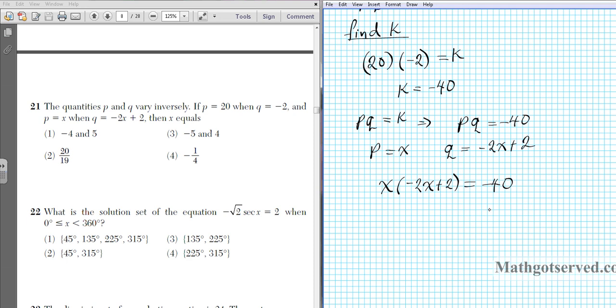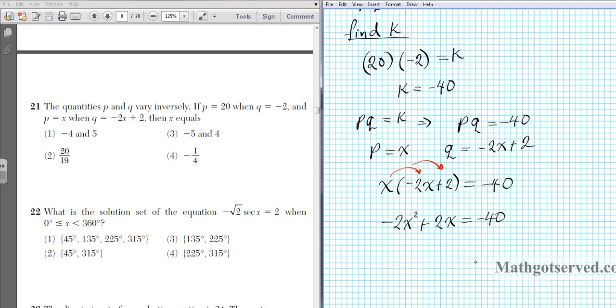If we solve this equation for X, then that will tell us what X equals. All right, so let's do that. Notice we've changed the inverse variation problem to a quadratic equation. So we just distribute X to these two terms. We're going to have negative 2X squared plus 2X equals negative 40.